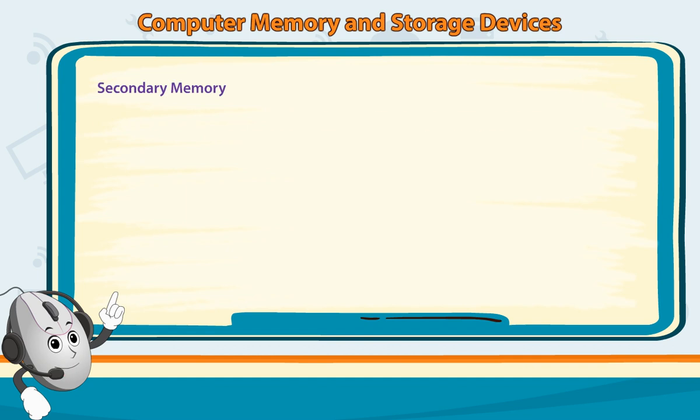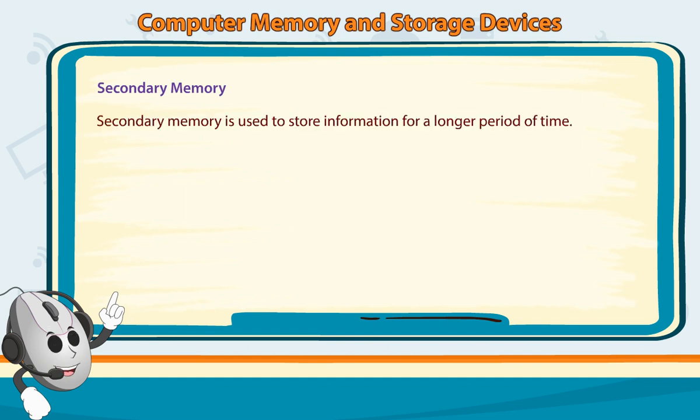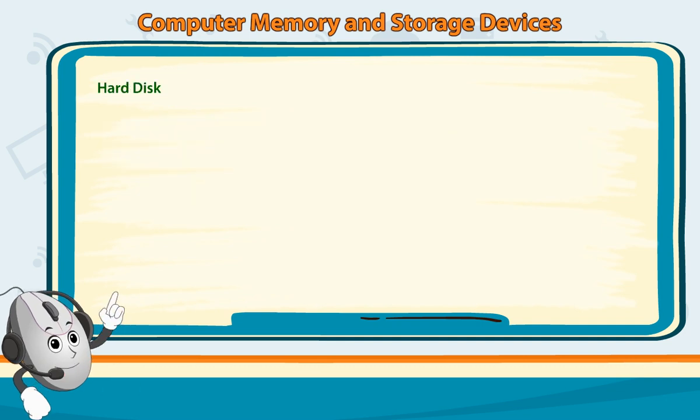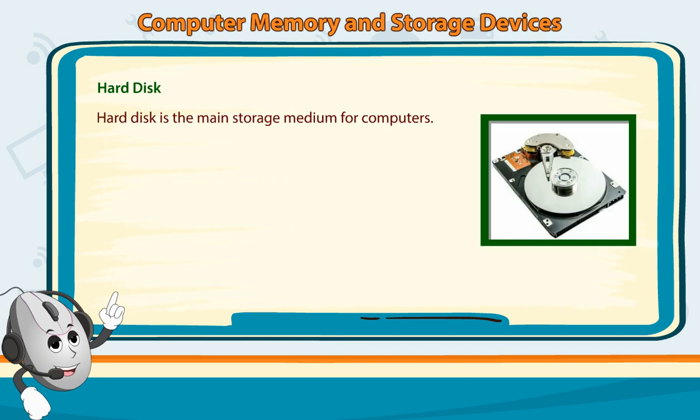Secondary memory. Secondary memory is used to store information for a longer period of time. It is needed because the internal storage of a computer is insufficient to store and save large amounts of data for future reference and retrieval. Hard disk. Hard disk is the main storage medium for computers.